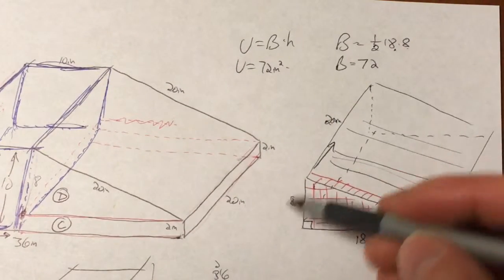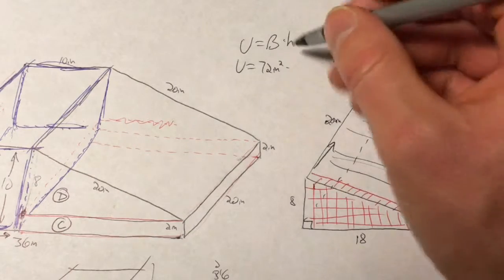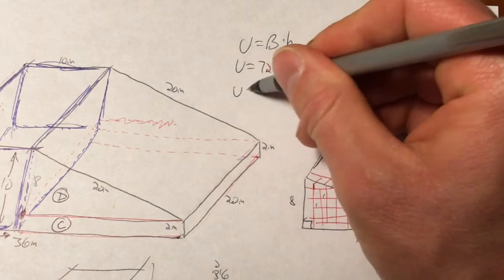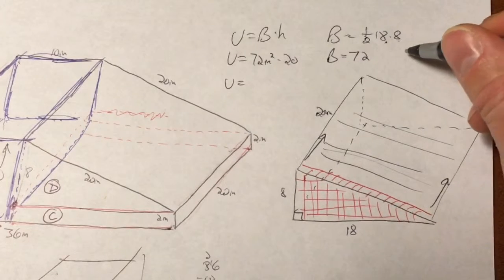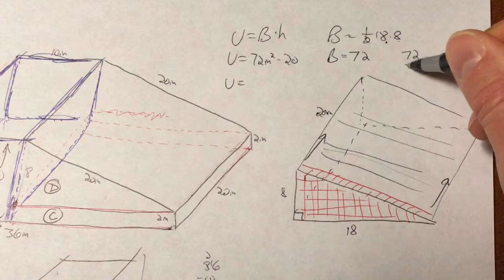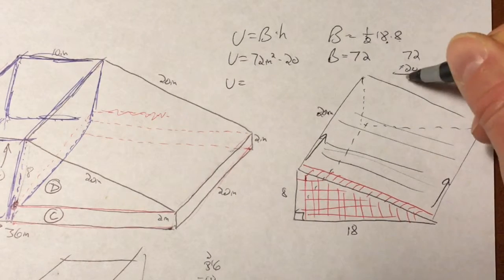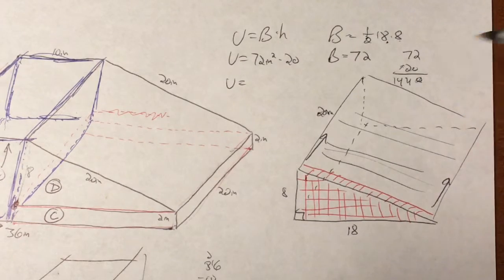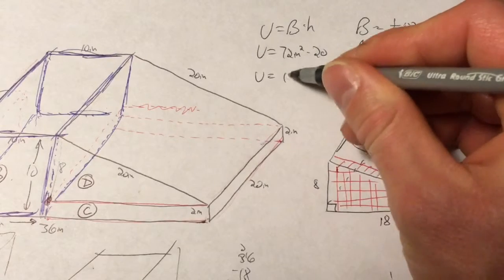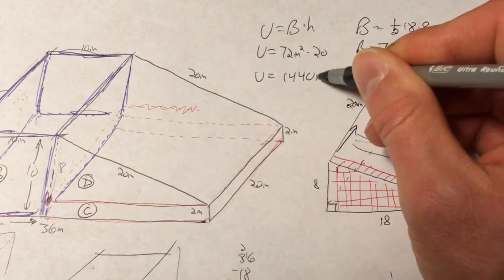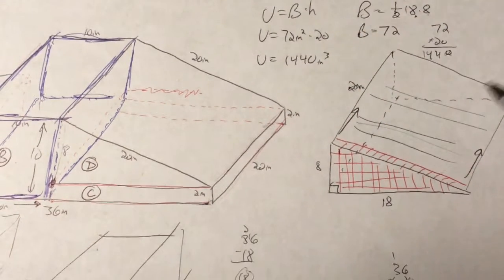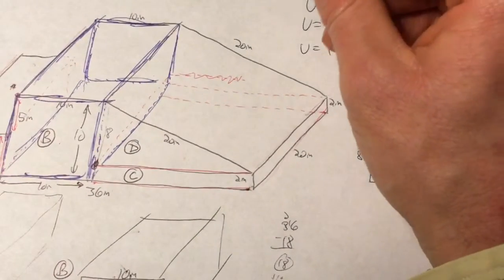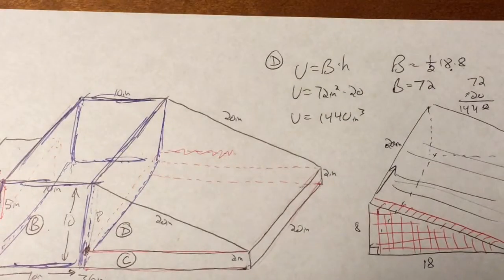The height is 20 inches from front to back. 72 times 20. Automatic 0. 2 times 2 is 4. 2 times 7 is 14. So it should be 1,440 cubic inches. And that is just for shape D, right?